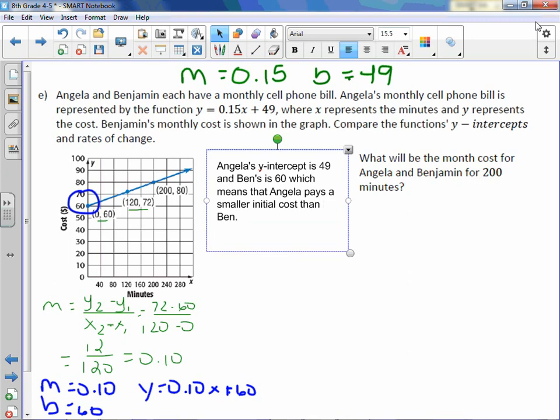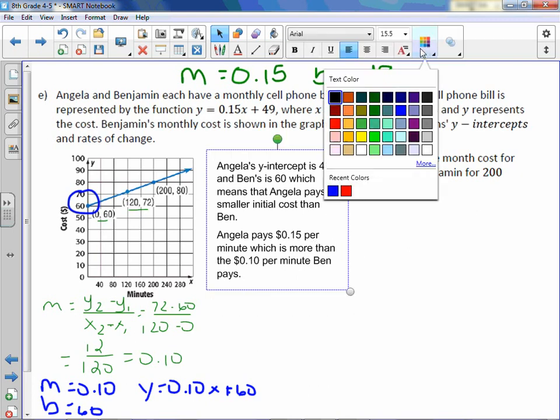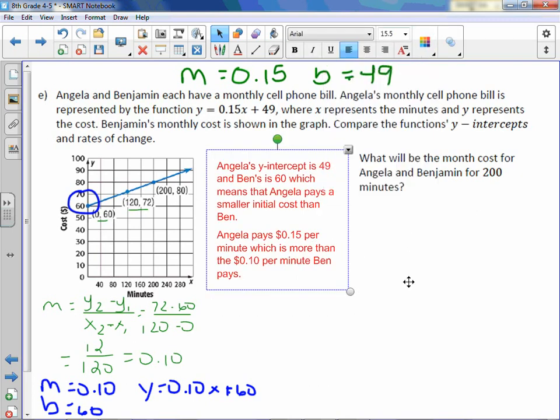Okay, now their rates of change. Angela pays 15 cents per minute, which is more than the 10 cents per minute Ben pays. So the first part is always comparing the slope and y-intercept, or whatever they ask you to compare. So that's our first answer.